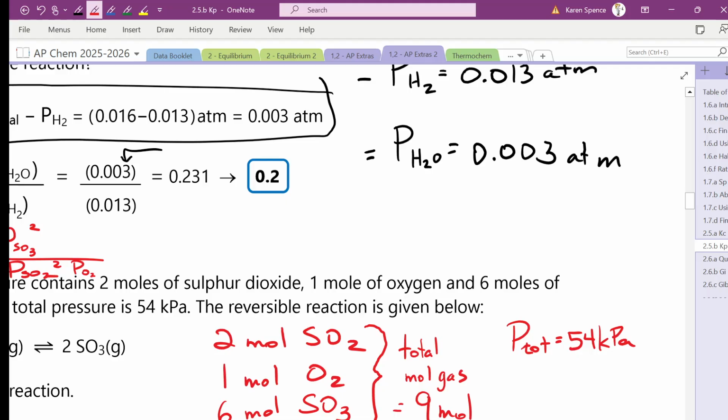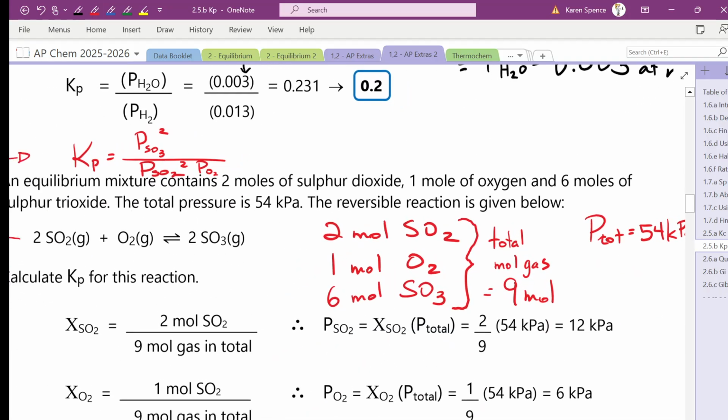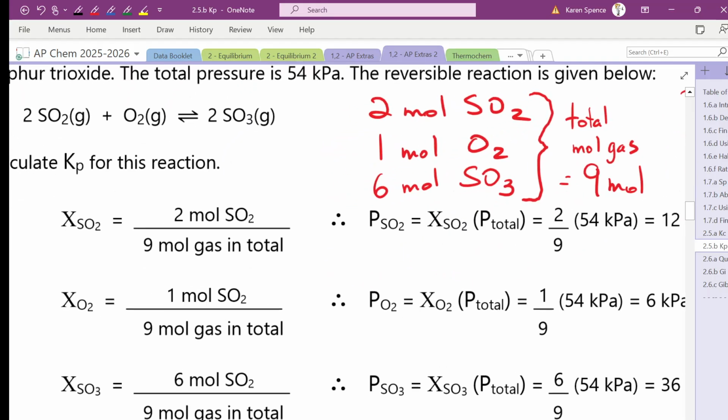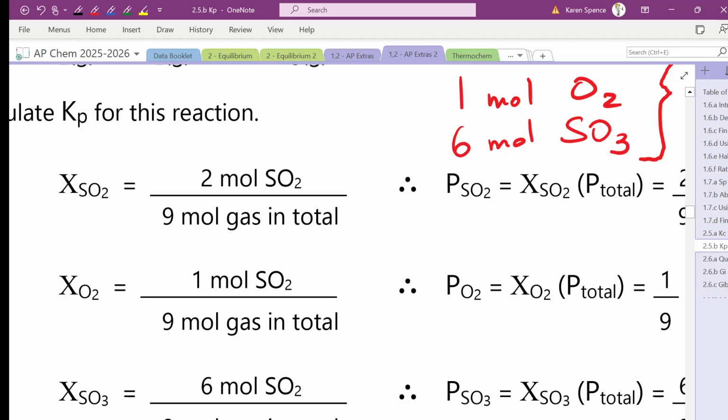So what could we now find? We can find the partial pressures, but before we find the partial pressures, we need to find the mole fraction. You can actually do it all at the same time if you want to, or you can do it separately. So in this particular case, I've written out the mole fractions separately, but you don't have to.